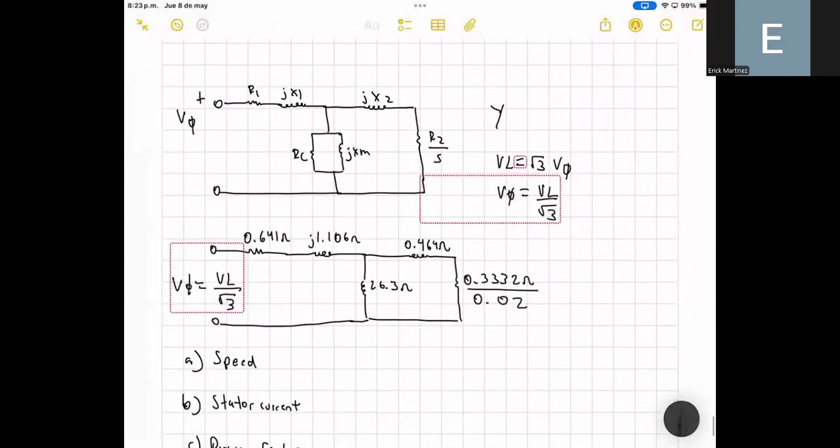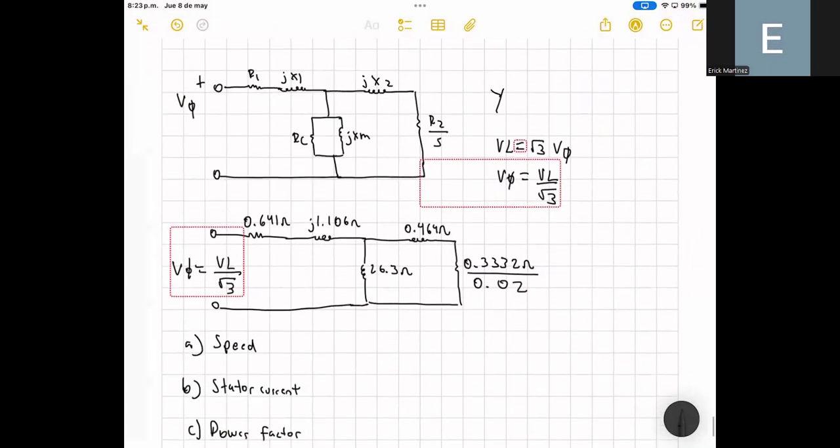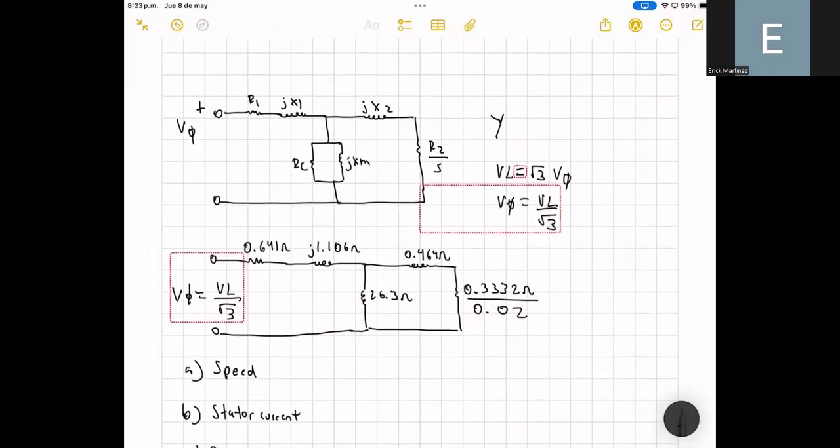In fact, you can see here that I already drew the circuit of the induction motor, referred to the stator. I have drawn the original model. Also, notice that I only replaced the values that we have.